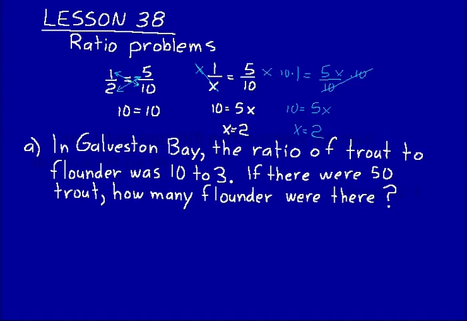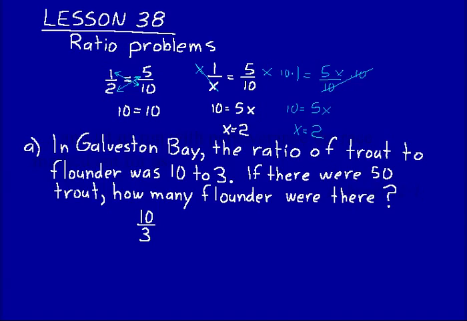Well, we're trying to find out an unknown value. That's almost always what we're doing in a word problem. And so we just go back through and we try to set up an equation that will help us solve for that unknown. And so it says that the ratio of trout to flounder was 10:3. And so we could go ahead and write down that ratio of 10/3. And then there are 50 trout, so how many flounder were there?